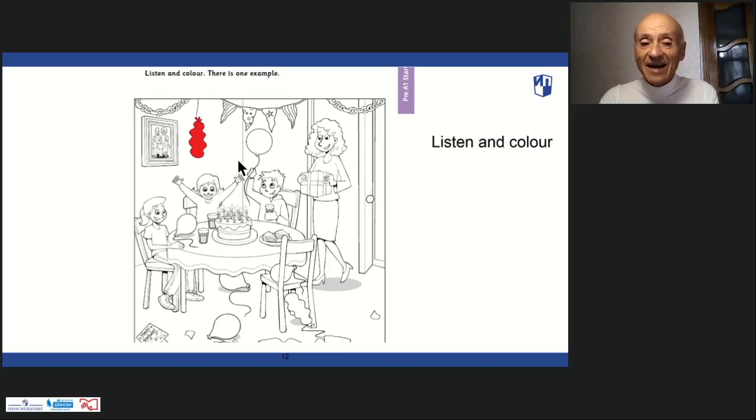Listen and color. There is one example. A certain section, certain fragment of the picture has already been colored. Let's now listen and color what we need to do.